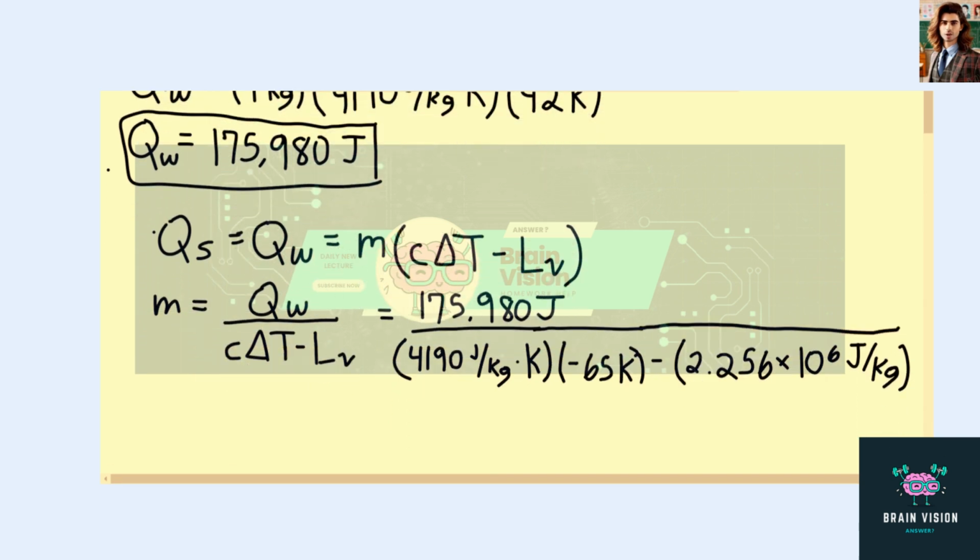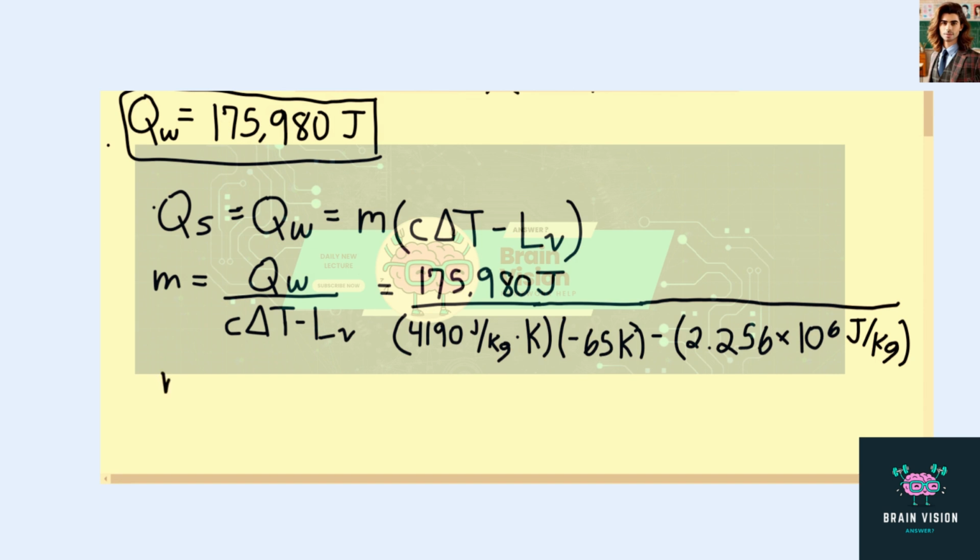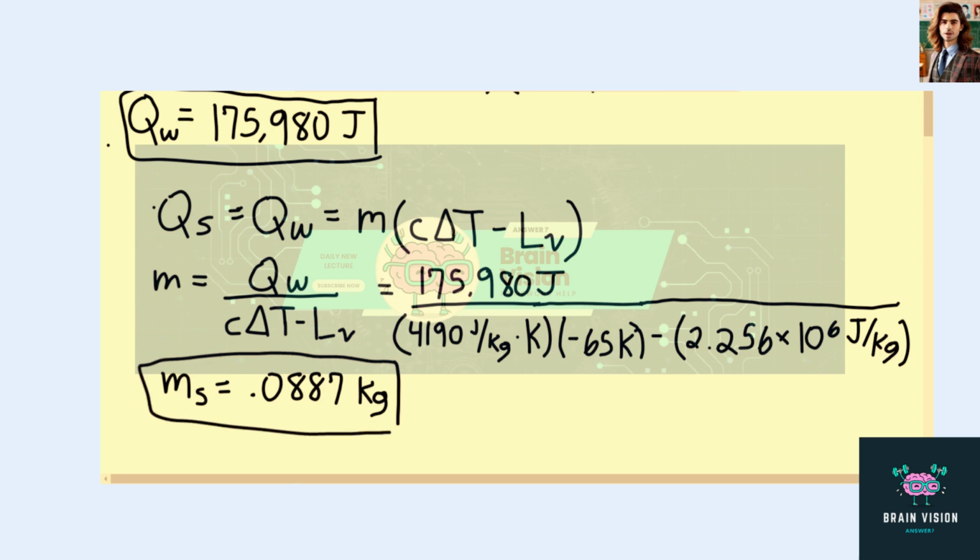Use your calculator, plug and chug, and you'll find the mass of the steam needed to match the heat from 1 kilogram of water is only 0.0887 kilograms. So you need about 0.089 kilograms of steam to make the same amount of heat as a kilogram of water. That's our answer.